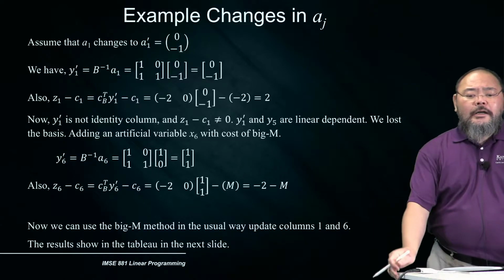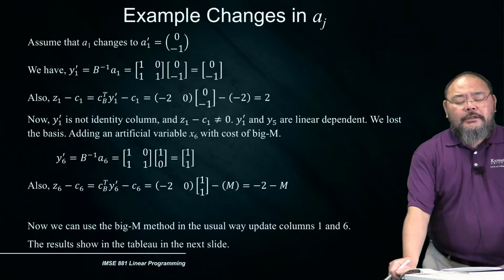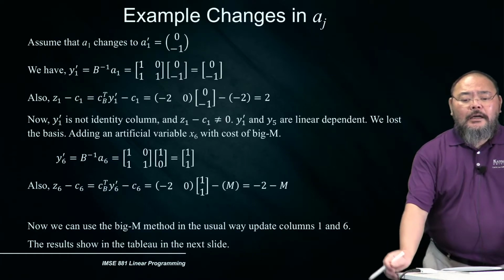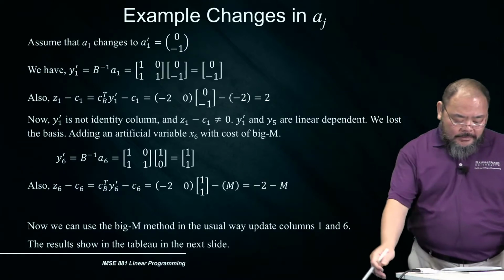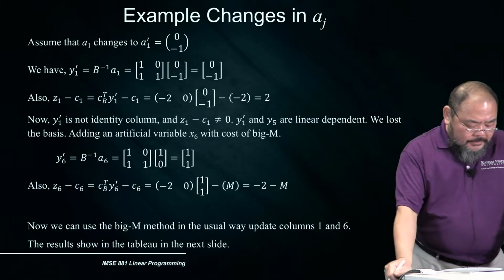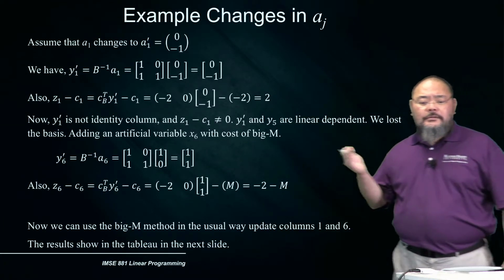So now y1 becomes a non-identity column, since originally x1 is the basic variable. So z1 minus c1 is not equal to 0. y1 and y5 are linearly dependent now. We lost our basis.